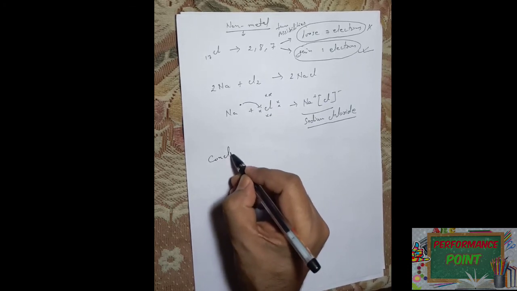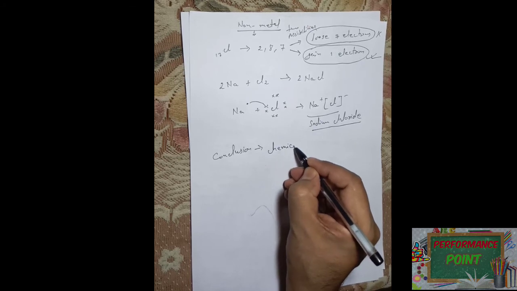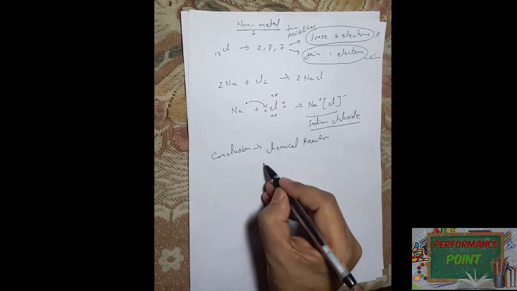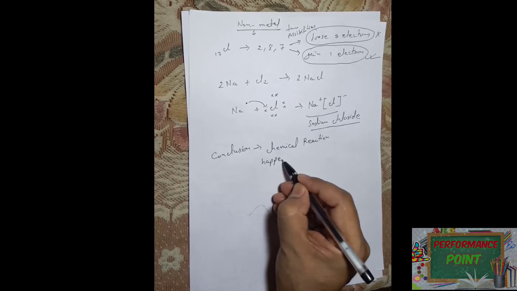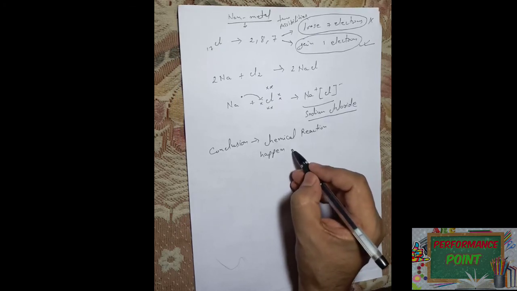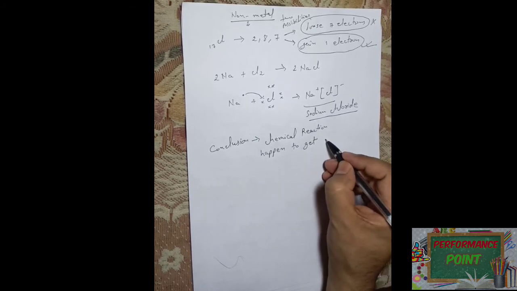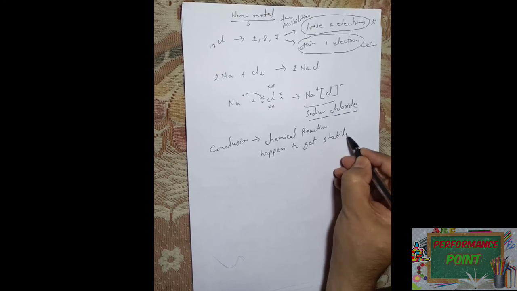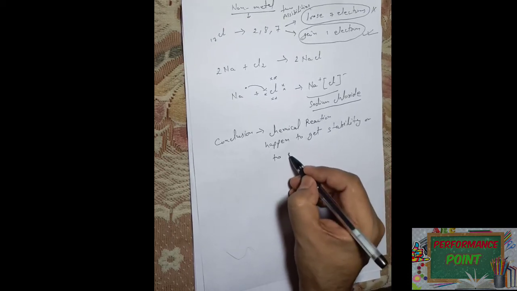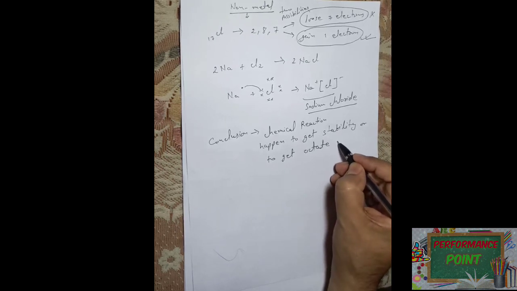The conclusion is that chemical reactions happen to get stability, or to get the octet structure.